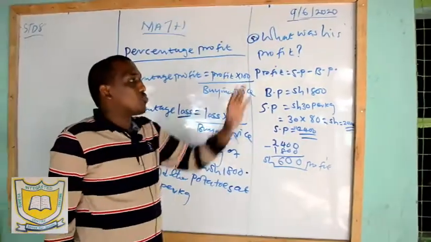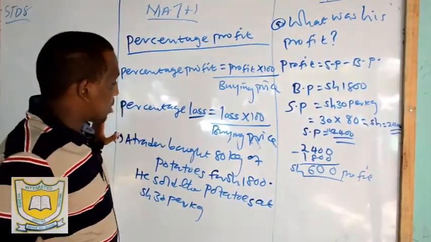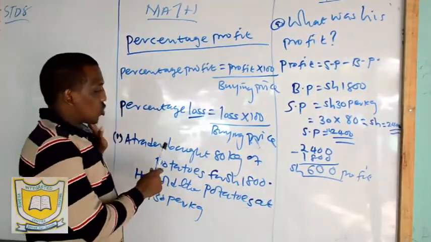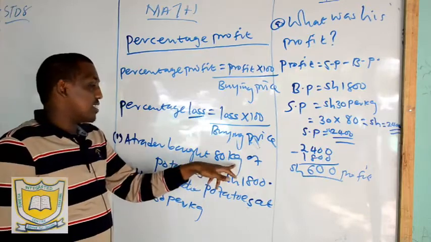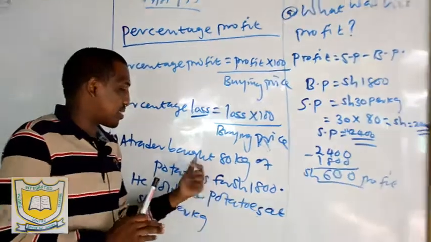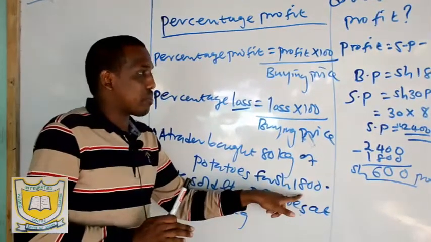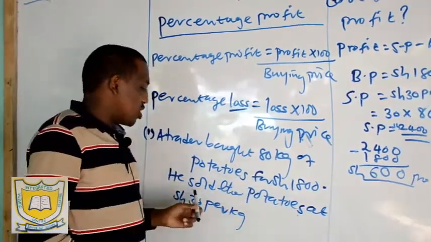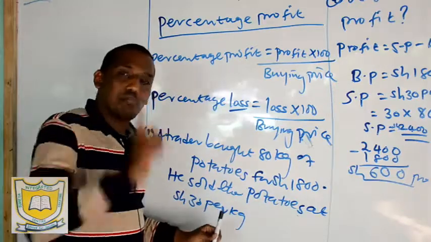So what was his profit? You are told he bought 80 kgs of potatoes for shillings 1800. Bought is the past tense of buy, so that is the buying price, 1800. He sold the potatoes at shillings 30 per kg.